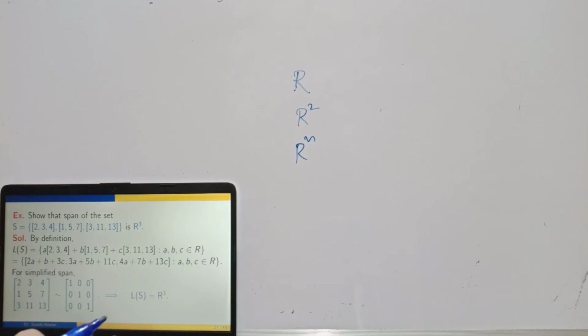For a simplified span, what to do? Find RREF. What is the advantage of this? From a simplified span, sometimes it is possible to know whether the span is itself the vector space or some known set. So the span of row equivalent matrices is the same.